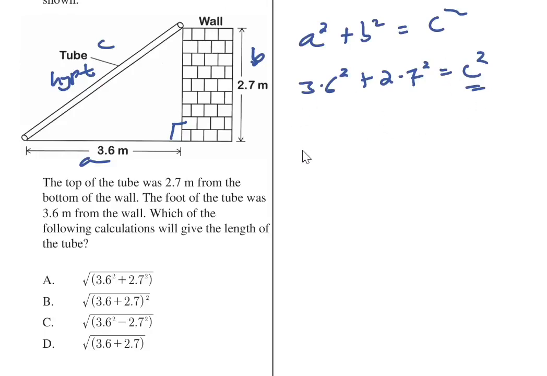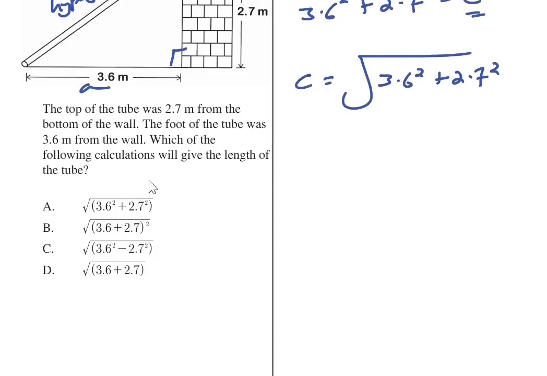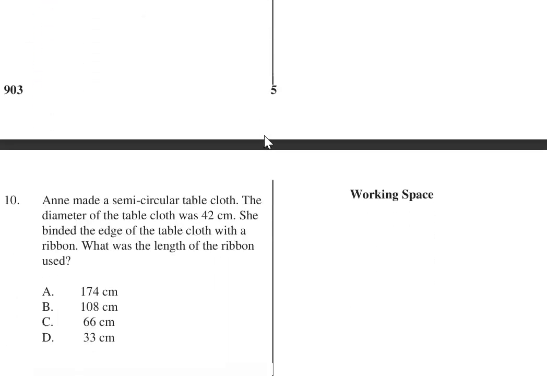So C will be the square root of, sasa hii iko hapo ndani, 3.6 squared plus 2.7 squared. It takes square root on both sides, and therefore coming to the option, you can see the correct answer is A, not B, not C, not D. So hii iko na 3.6 squared plus 2.7 squared. We continue to number 10.